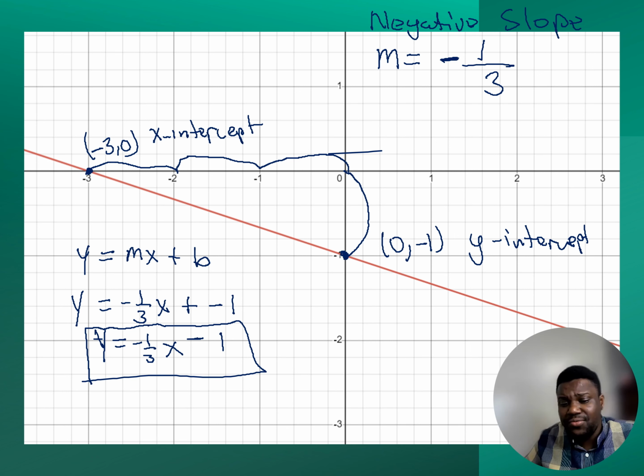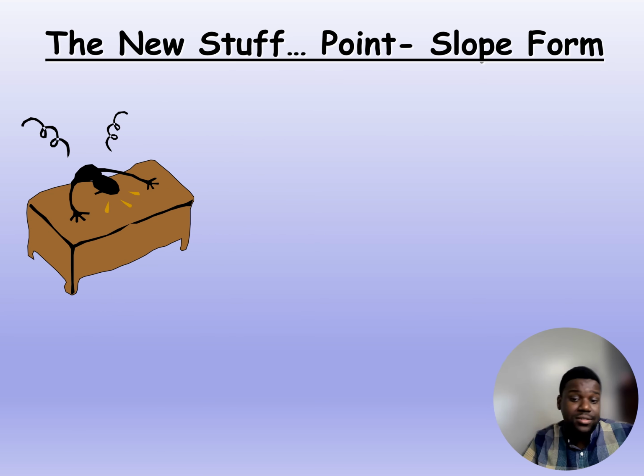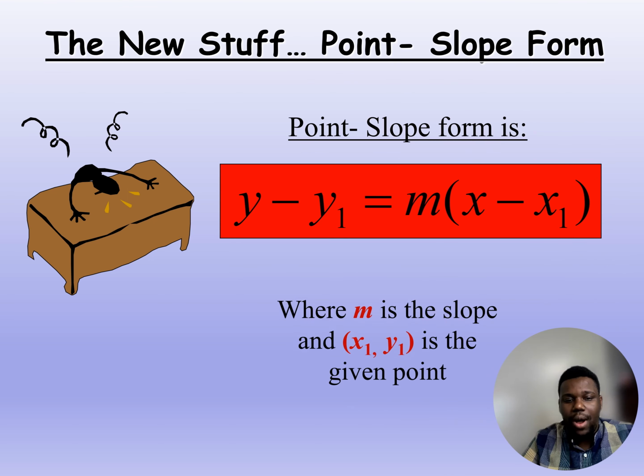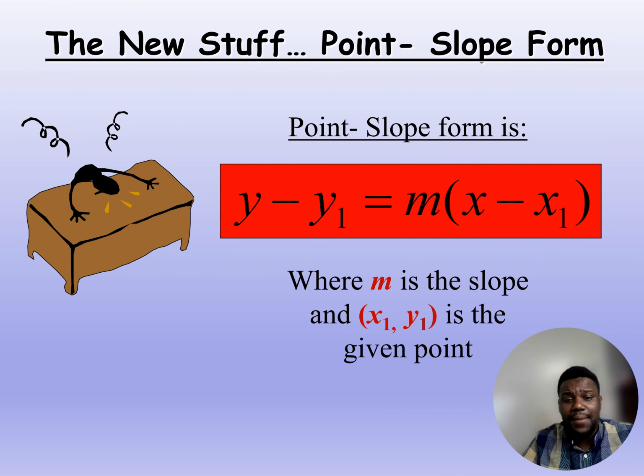So now that we know how to identify the y-intercept and also how to find the slope from a graph, let's go ahead and go into the meat of the matter, which is the point slope form. Now, just as how the slope intercept form has a formula, the point slope form has a formula, and this is y minus y1 is equal to m times x minus x1, where m is the slope and the x1 and the y1 is just a given point.